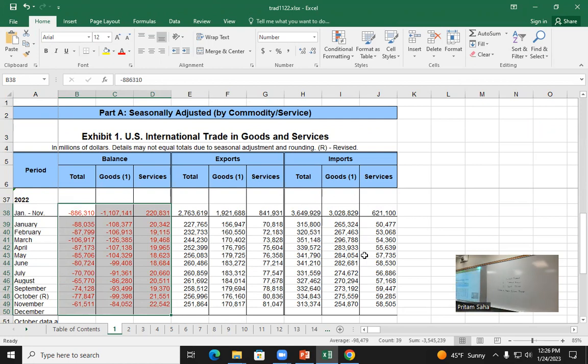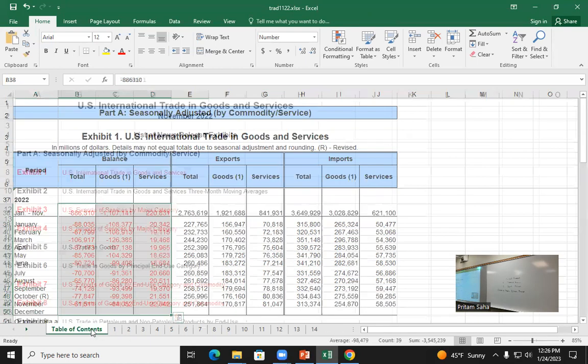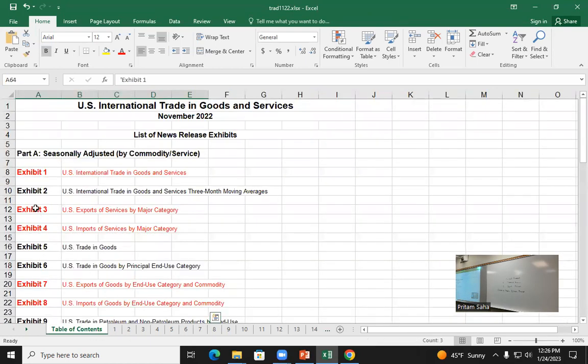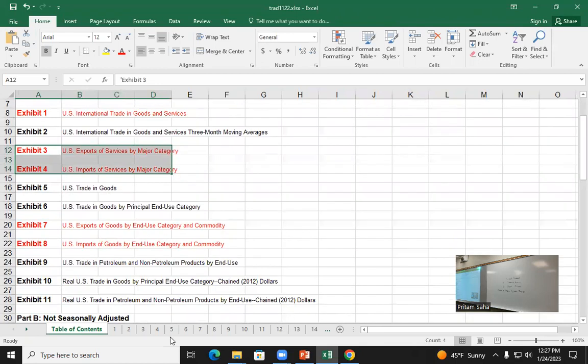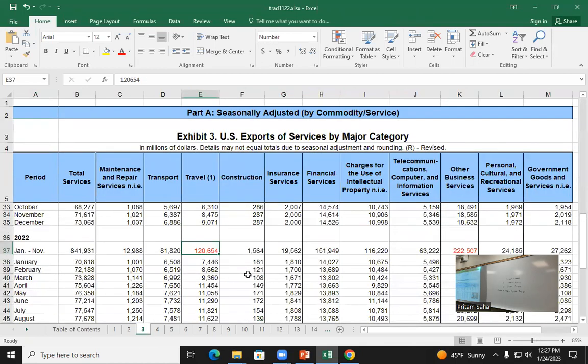Net service is positive, but net goods is way negative, and that is causing the current account to be negative. Let's see what we have in 3.